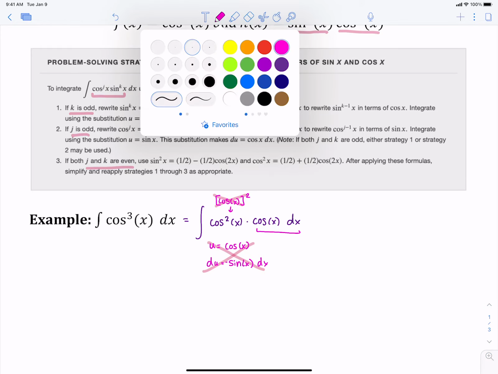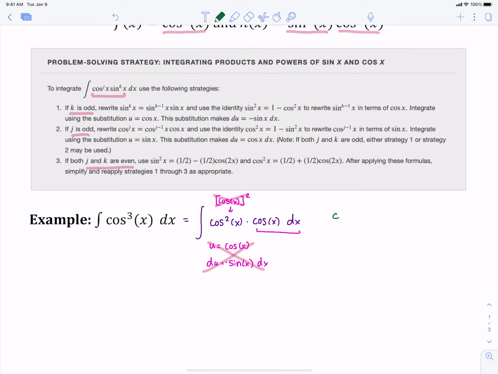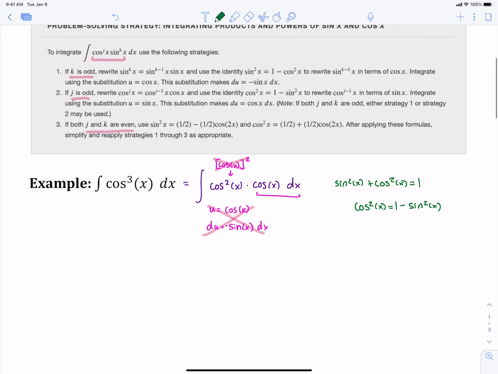So we are going to use the trig identity that sine squared of x plus cosine squared of x is equal to 1. And we're going to use it as cosine squared of x is equal to 1 minus sine squared of x. So remember, we can take that Pythagorean identity and solve it any way we want. And so we're going to replace our cosine squared right here with a 1 minus sine squared.